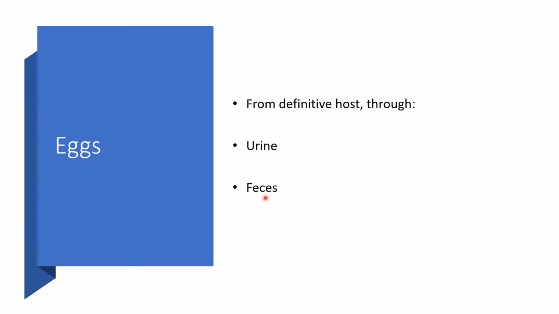In that case, we'll be dealing with Schistosoma japonicum, Schistosoma mansoni, Schistosoma intercalatum, Schistosoma mekongi, Schistosoma guineensis, and Schistosoma mattheei. And sometimes it could come from the hybrid of Schistosoma haematobium, that is Schistosoma haematobium bovis. Through that, we can get eggs from feces.